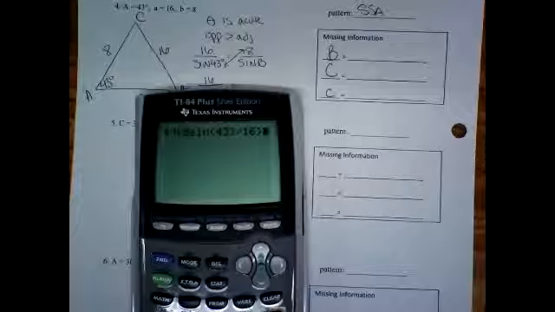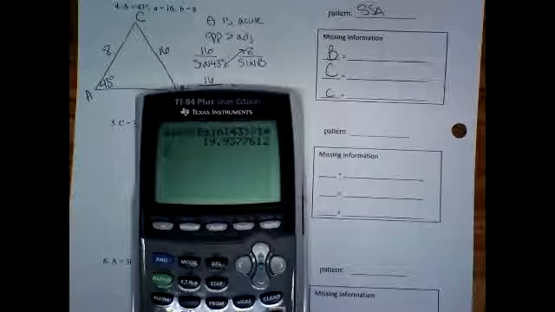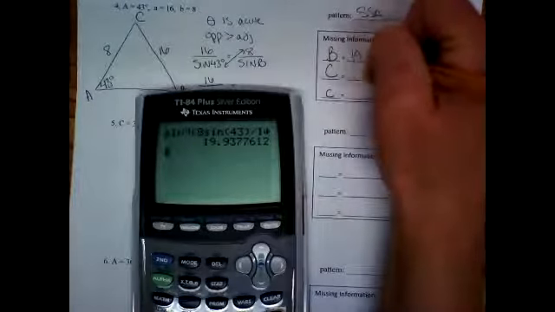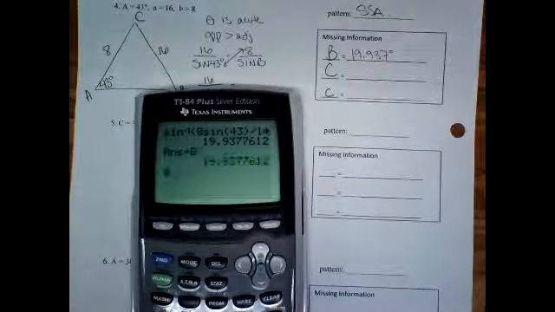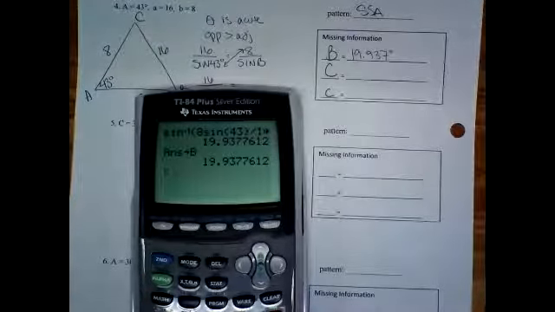Anyone feeling brave? What'd y'all get? 19.937. Okay, perfect. 19.937 degrees. Store alpha B, enter. You have to store it to reuse it or your final answer is not going to be accurate enough.